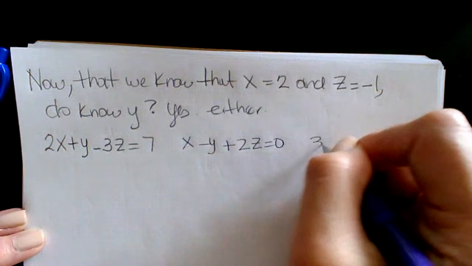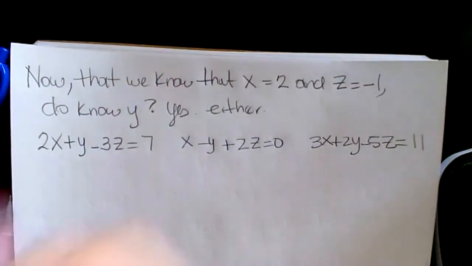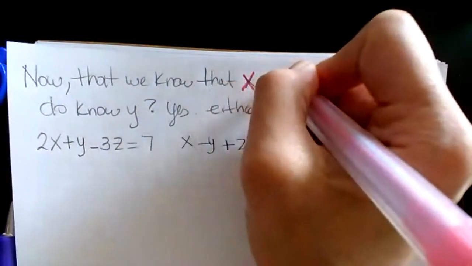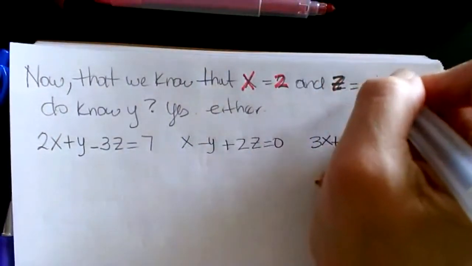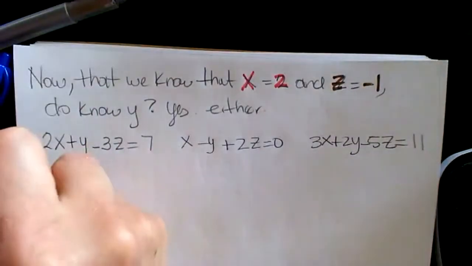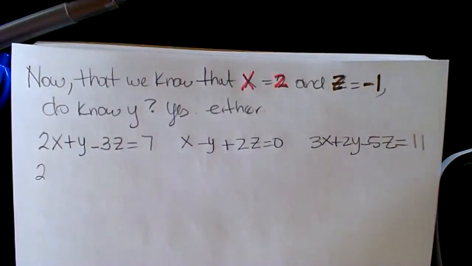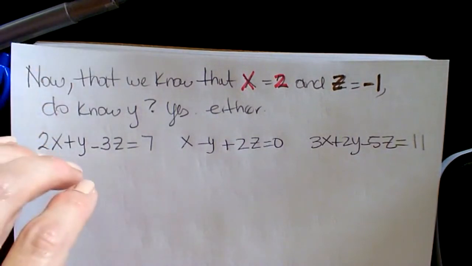So I know x is equal to 2 and z is equal to -1. So let's use that.